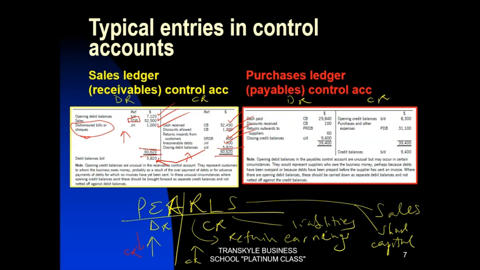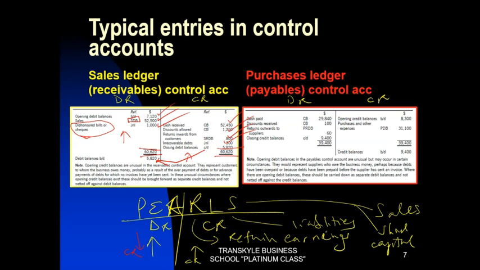You use the same principle to understand the purchases ledger part of it. You can just replay what I've explained on the sales ledger to understand what is going on in the purchases ledger control account.